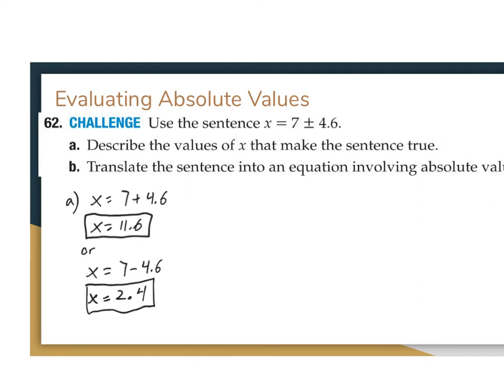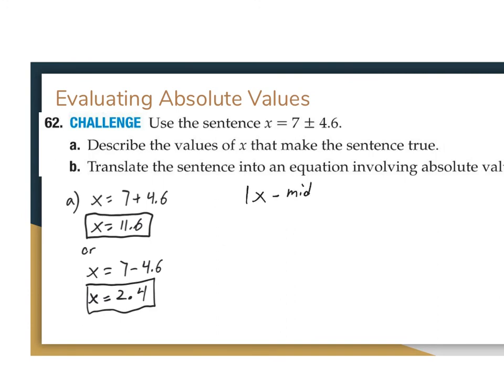Now if we look at B, translate the sentence into an equation involving the absolute value. Now remember our equation: x minus the midpoint, all in absolute value, is equal to the distance from the midpoint. Sorry about my messy writing.